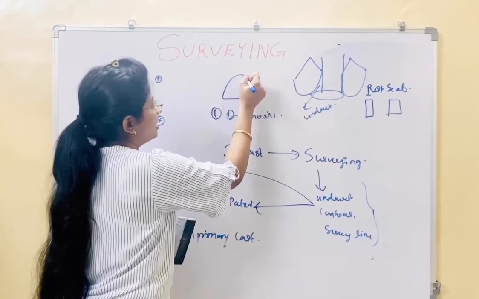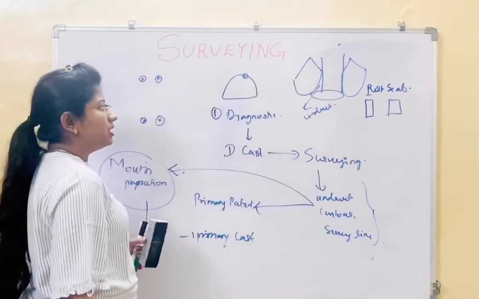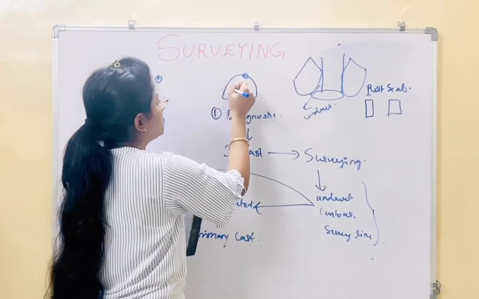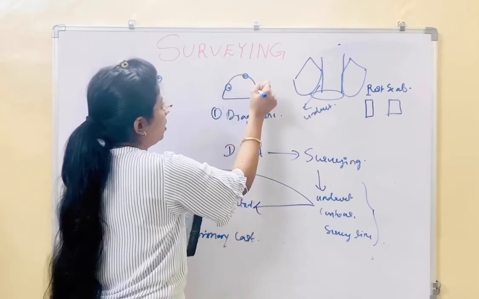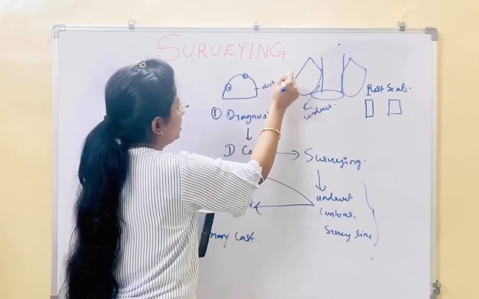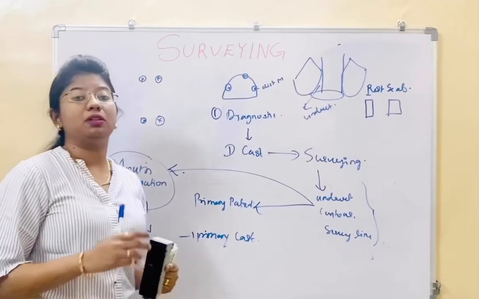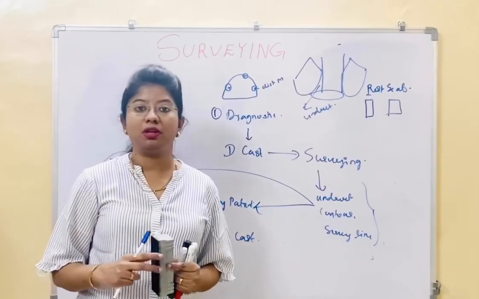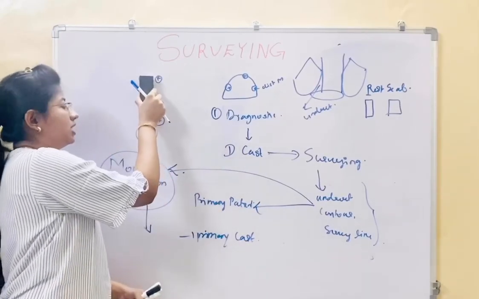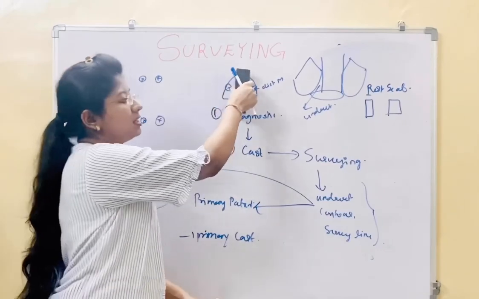At the incisal edge of the lateral incisors, on the lingual cusp of the premolars, and on the distal marginal ridge of the premolar on the opposite side. You just mark these points. So what is the importance of marking these points? For reorientation, so I can place the cast in the same place.